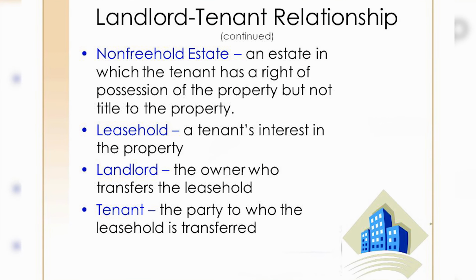We agree for a period that I will use your property, your premises, based on these things, and then based on that agreement, they bind each other to say we will do this for each other. So it's a contractual arrangement, but because it has certain special things, that's why we say there's something called the landlord-tenant relationship.